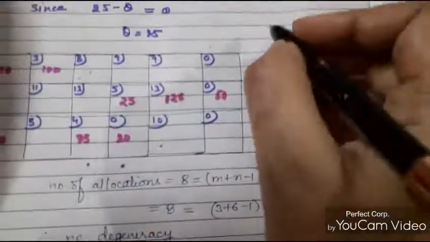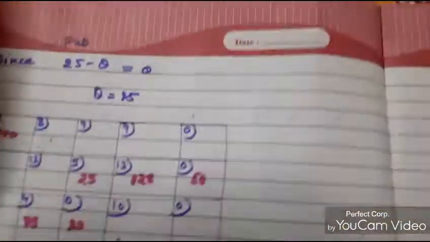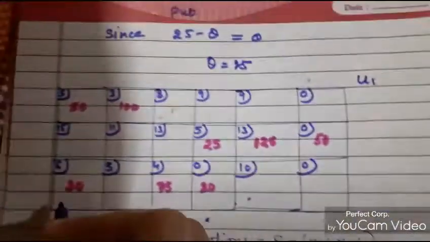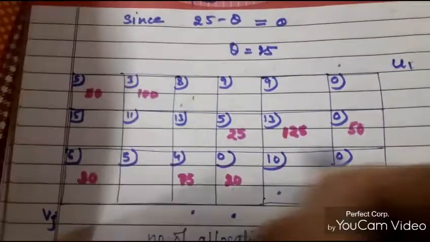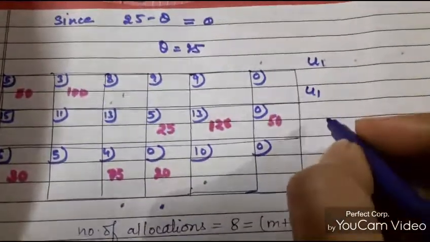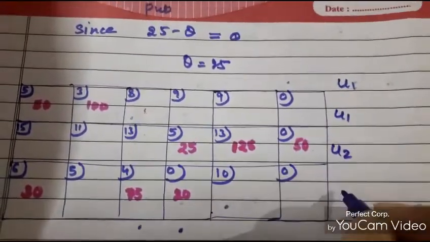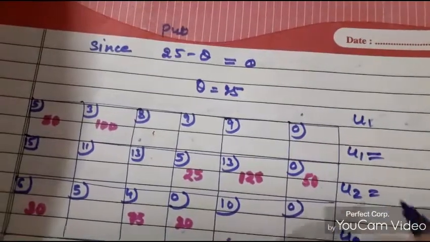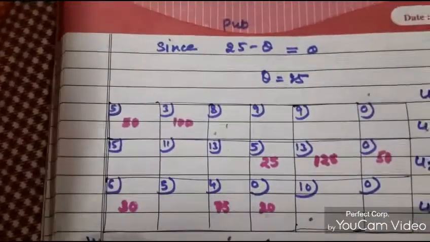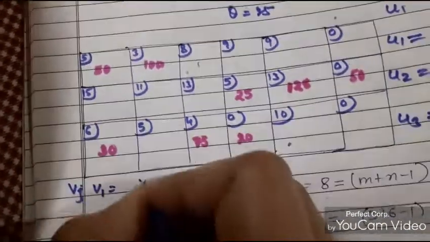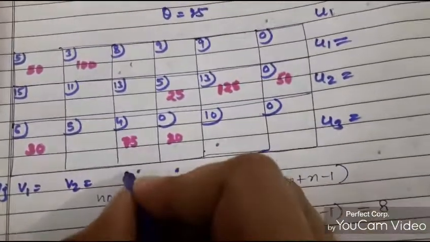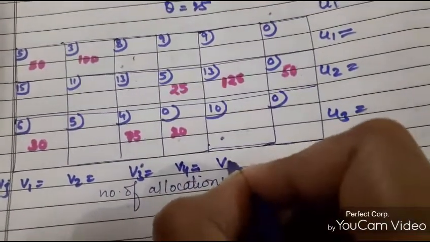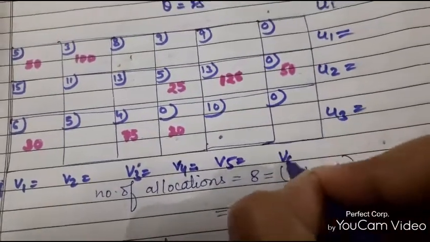Let's start. ui and vj. So u1, u2 and u3. We have to calculate u1, u2 and u3. Also we have to calculate v1, v2, v3, v4, v5 and v6.